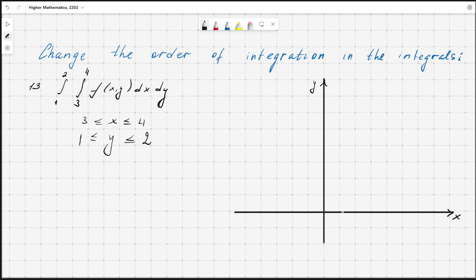X is 3. It is the line that is parallel to the y-axis, and the point x is 3 lies in this line. This is x is 3.